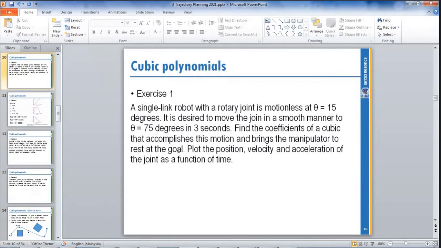Okay, so the word they use here is motionless.